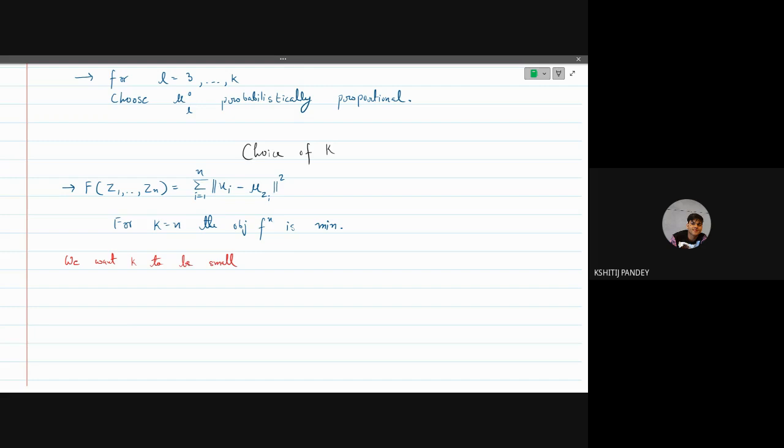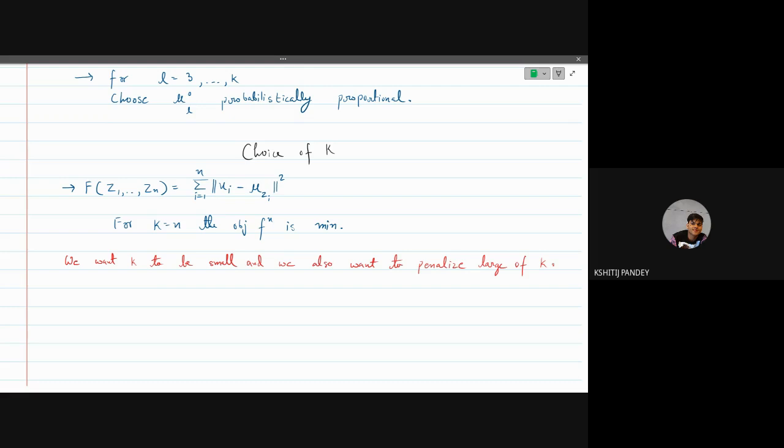So we want smaller value of k, and we also want to penalize large value of k. So we don't want very small value and we don't want very big values. Okay, so there is a trade-off.